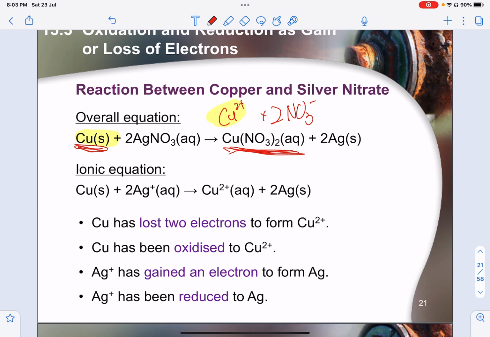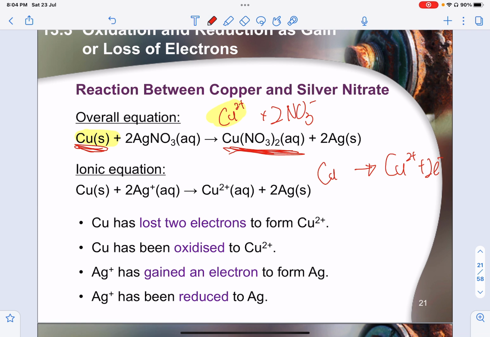The reason why I never add the 2 electrons here yet is because over here the charges still balance, but if I were to write half equations, it will look something like this. Okay, so this is something that we will also slowly see.